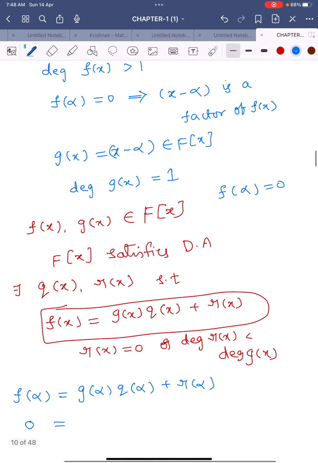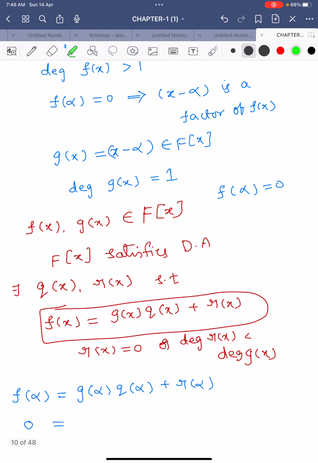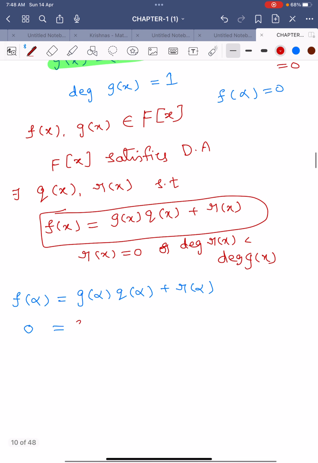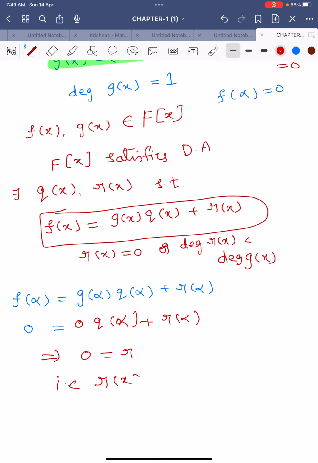The polynomial g of x is equal to x minus alpha. Therefore, g of alpha is equal to alpha minus alpha, which is 0. So 0 equals 0 into q of alpha plus r of alpha. This condition shows us 0 is equal to r, that is, r of x is equal to 0.